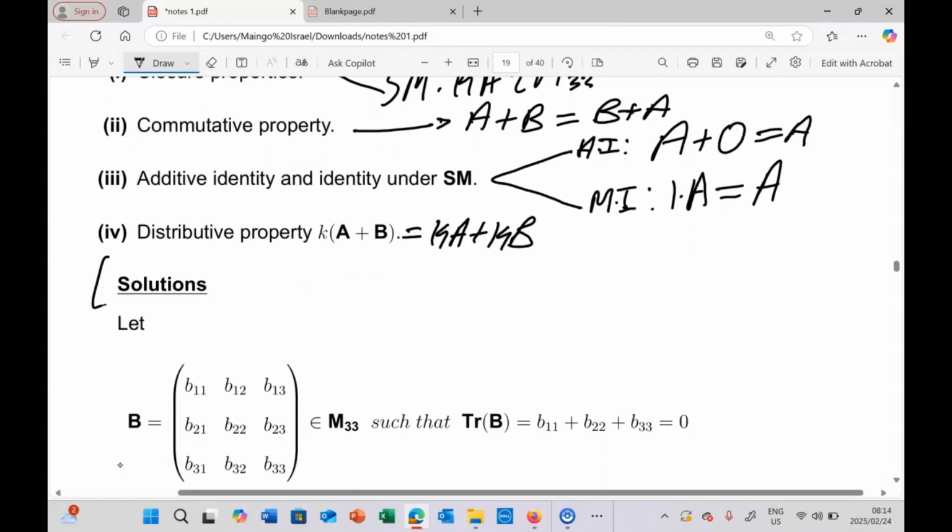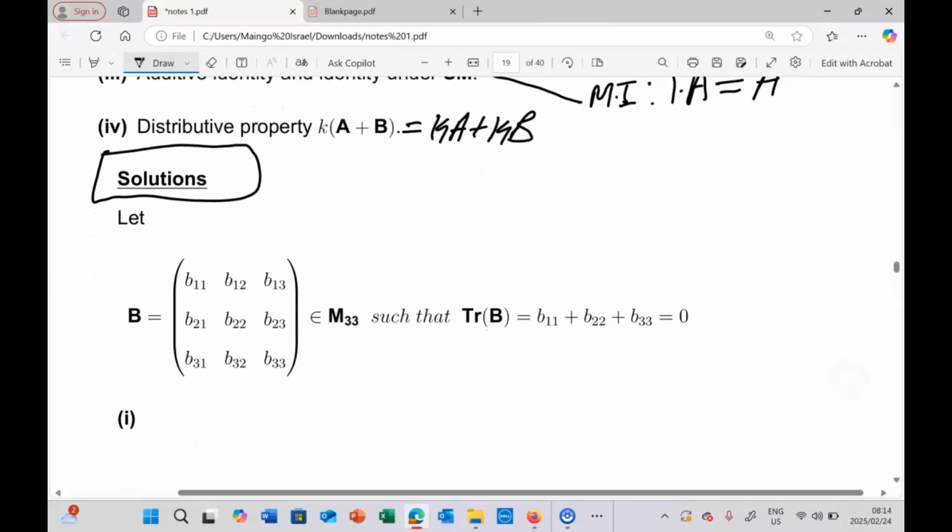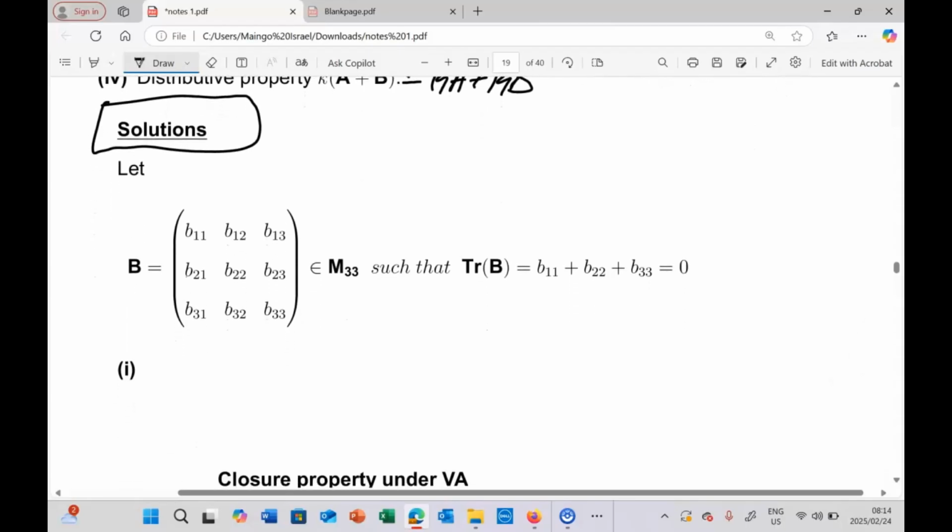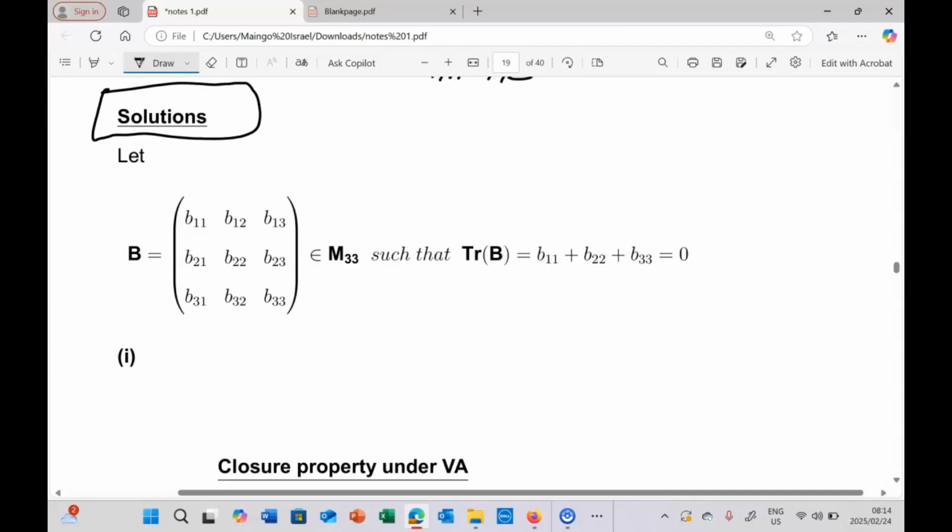Solutions. Let's present our solutions. Now we need to let another matrix be called B, because in the last Roman figure, number 4, we have the commutative A plus B. So we need to construct matrix B also.